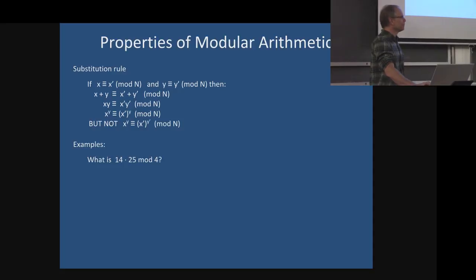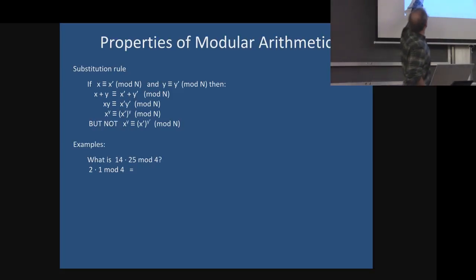14 times 25 mod 4. So what's something simpler that's equivalent to 14 mod 4? 2. Okay, 2. And 25 mod 4 is 1. So we're just saying that this modular arithmetic is equivalent to that, and that's just 2.